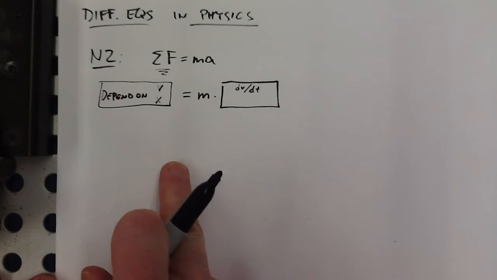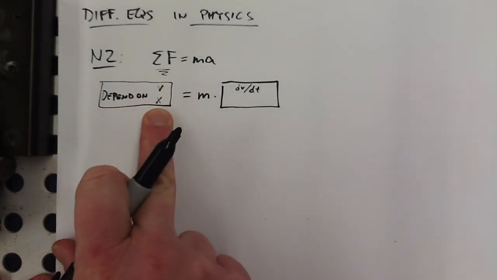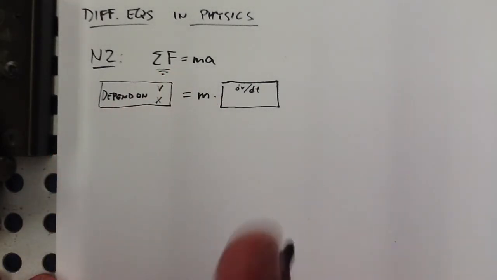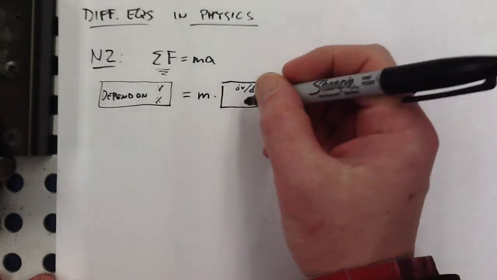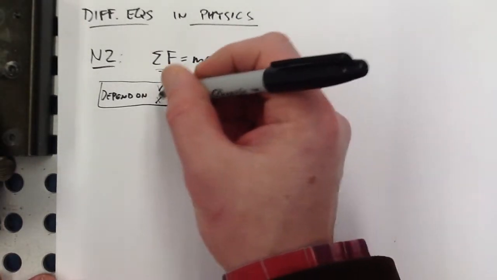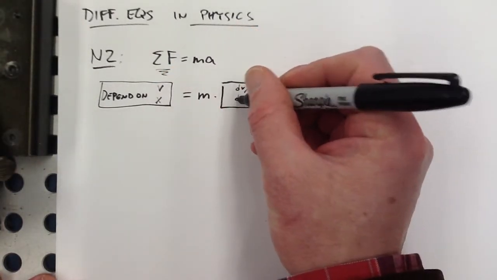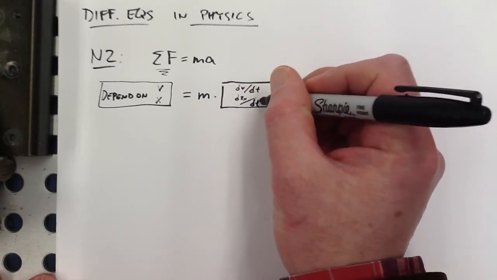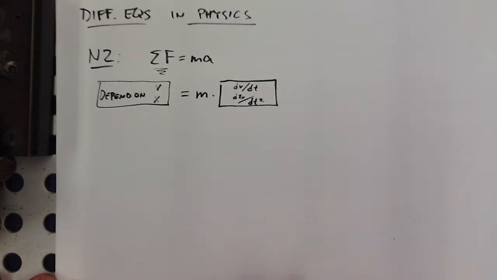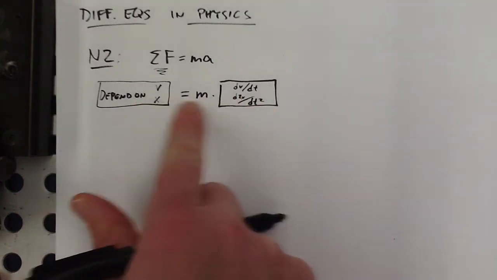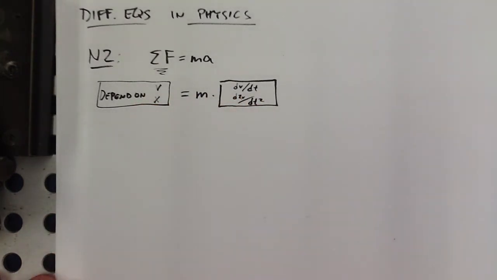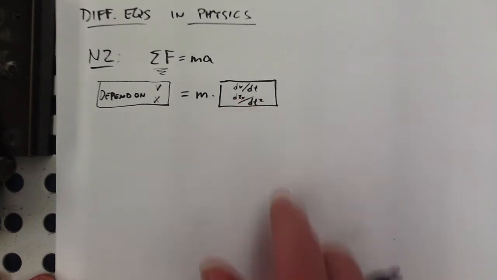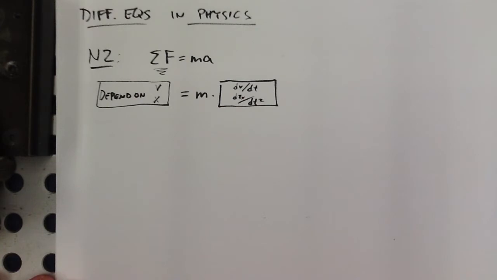And if your force depends on position, we're just going to look at one particular example where that's the case, then you're going to turn acceleration into the second derivative of position with respect to time. And we don't really know how to do that by separating variables and stuff. You can't really do second derivative differential equations in that way, so we'll have to think about that in a sec.